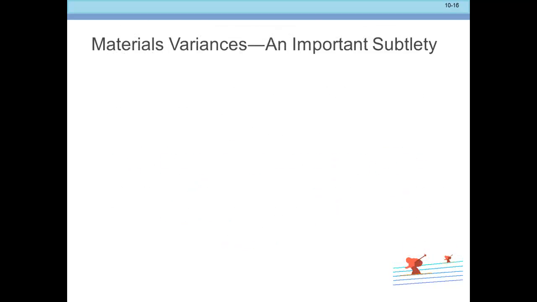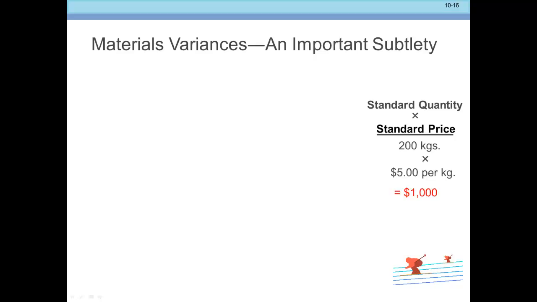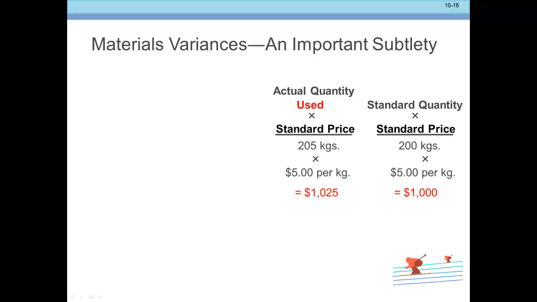To calculate the quantity variance, we calculate the standard quantity and standard price for the current production levels and compare it to actual quantity consumed and standard prices, again for current production levels. So actual quantity is a quantity of raw materials used, since we are calculating the quantity variance. That's right. Our quantity variance is $25 unfavorable.